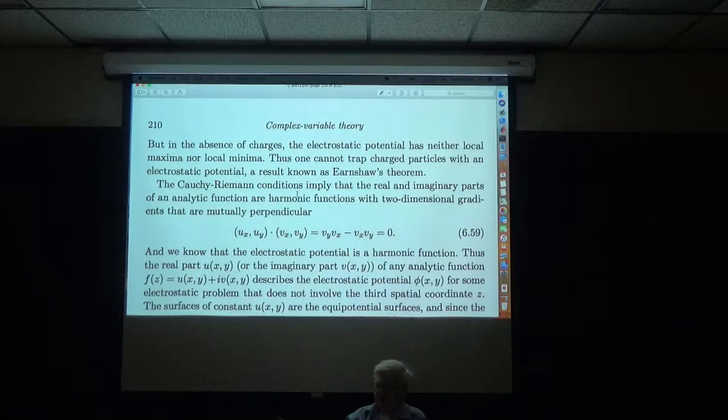Or equivalently, if you have an analytic function, that gives you a zillion examples of what the electrostatic potential would be in a problem that's independent of z. So if you had, for example, charges that were independent of z, you had charged cylinders or charged wires, then in the region where there are no wires, the electrostatic field would be the real or the imaginary part of some analytic function.